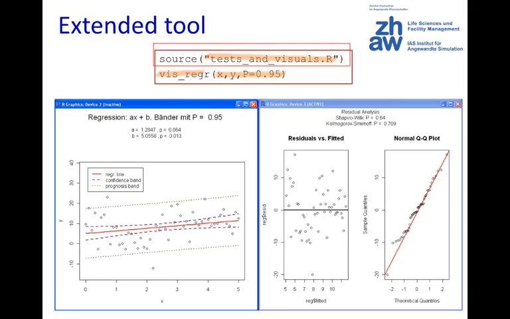And one of these particular functions is the function visualize regression. So what does this function yield? You need to provide it with the independent variable x, the dependent variable y, and a confidence value here, capital P.